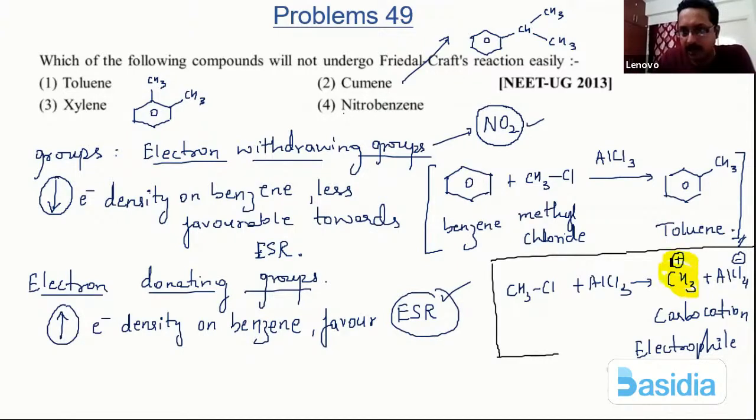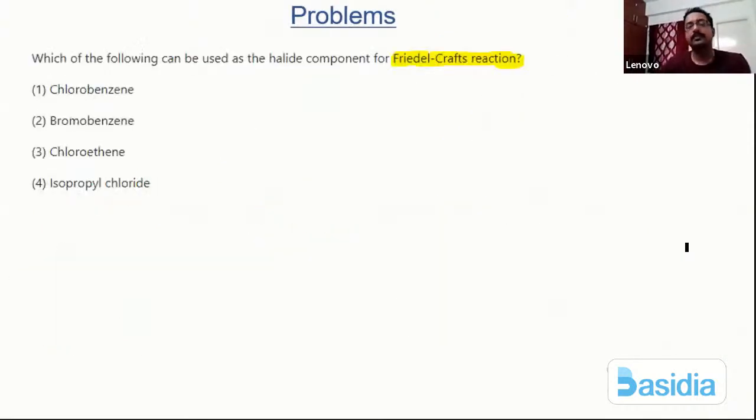That means a Friedel-Crafts reaction will follow a pathway where a carbocation is definitely formed. So now you have to think among these four, who is actually able to form a carbocation?